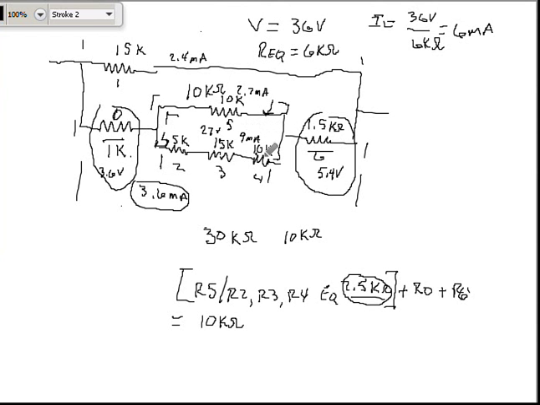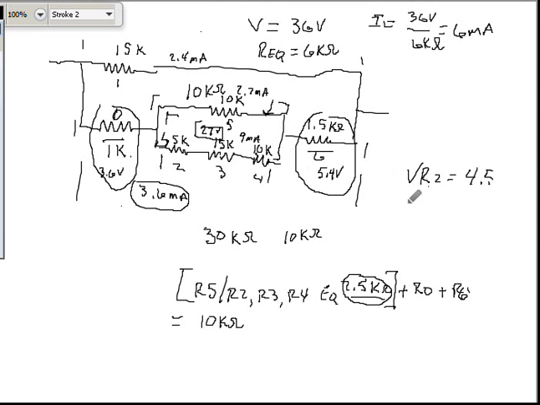And then we can multiply each of these resistors, and they should equal 27 volts. So let's go ahead and do that. 9 milliamps times 5K equals 4.5 volts. Did I say 4.5?